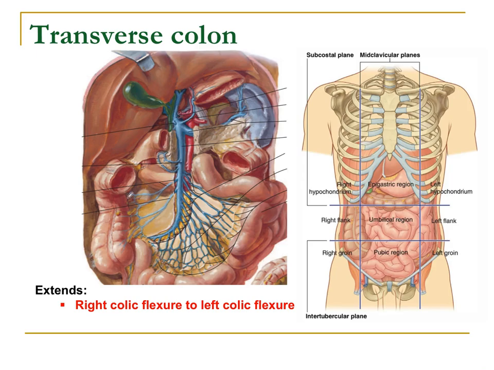Now, we already discussed that it extends from the hepatic flexure to the splenic flexure. So it starts from the right hypochondrium and ends somewhere here in the left hypochondrium region.